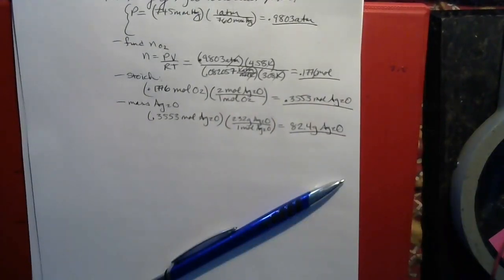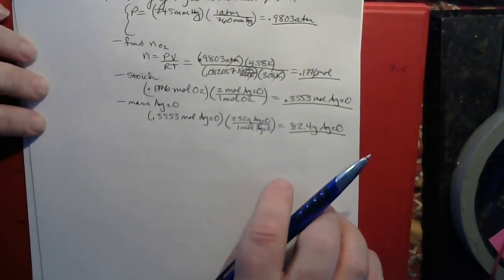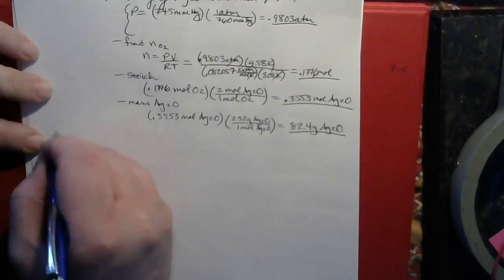And that means we must have decomposed 82.4 grams of silver oxide. Okay.